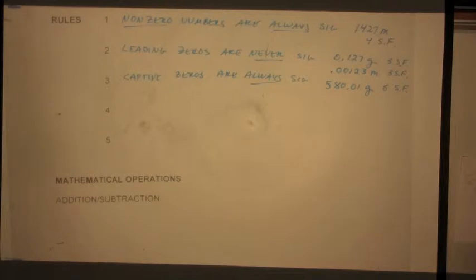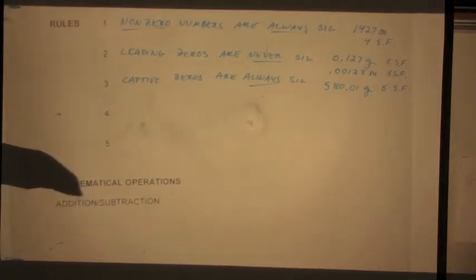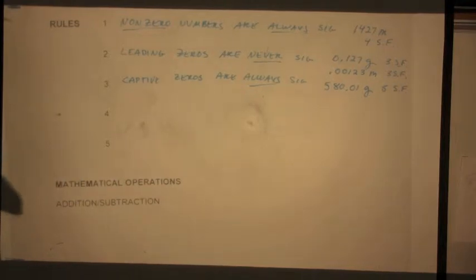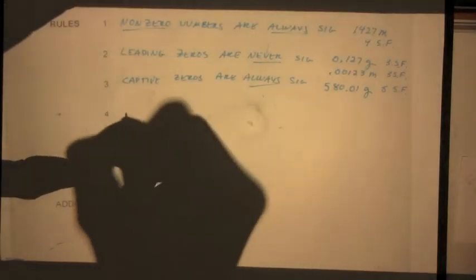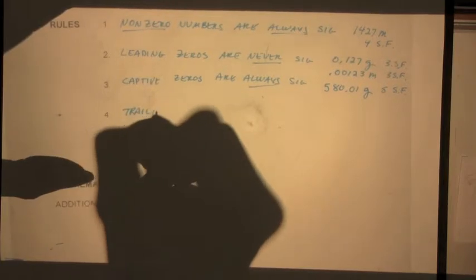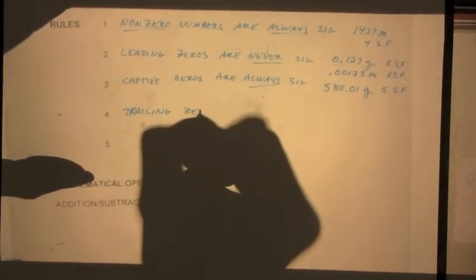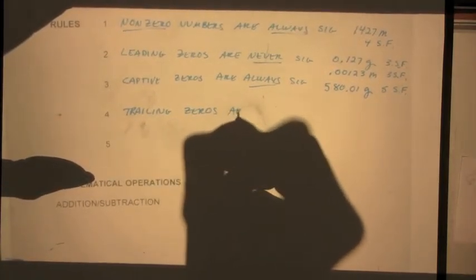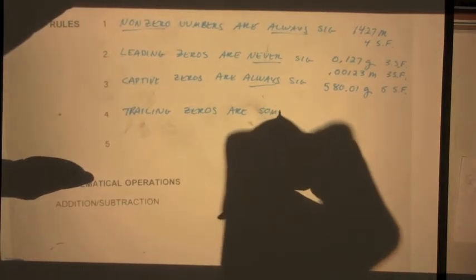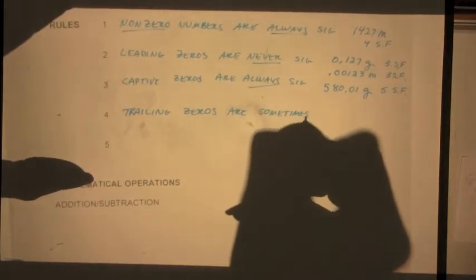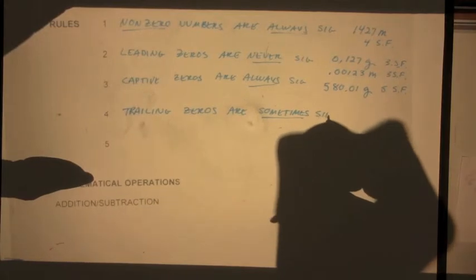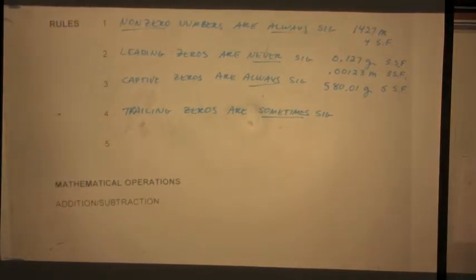So we have situations where zeros are never significant. We have situations where zeros are always significant. And yes, we have situations where zeros are sometimes significant. And they are trailing zeros. Do you remember the situation when they are significant?